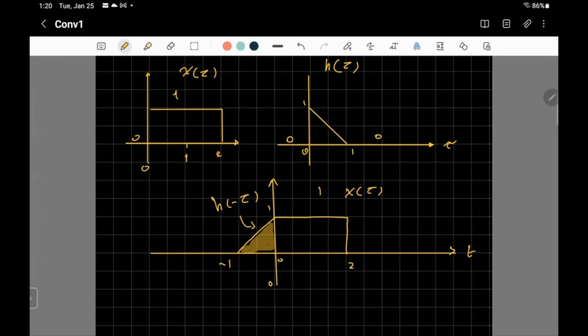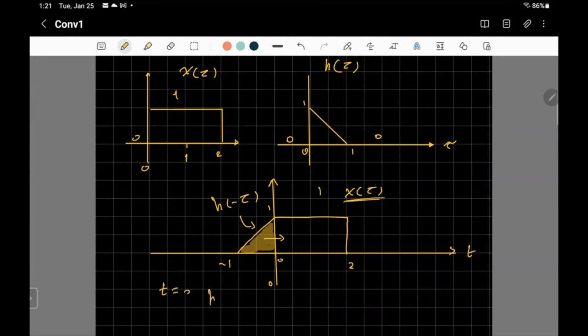I'm trying to find when this signal, h of negative tau, when I move it to the right, when it will overlap with x of tau. Keep it in your mind. You will never get output if there is no overlap. You have to interact. The input has to be inside the system, right? So this signal starts to move toward the right, but till now, t is equal to 0, right?